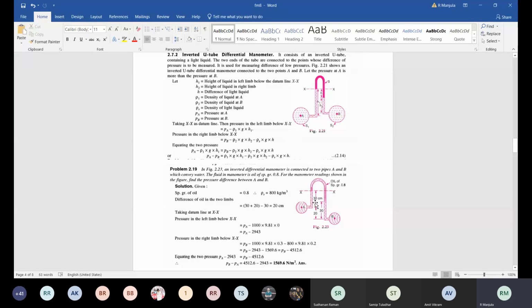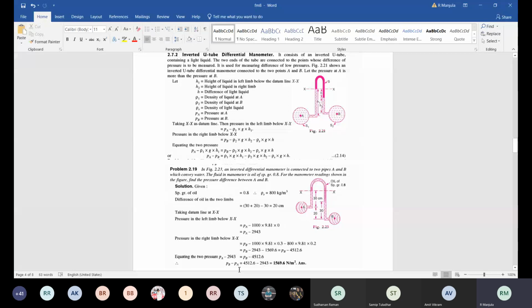Why is it 0.2? Because the total is 50 centimeter, minus 30, you will have only 20 centimeter here. So you will get PB minus 2943 minus 1569. Then if you simplify, you will get the result. Now, the pressure in the left limb is equal to the pressure in the right limb, because the pressure at the datum remains the same.